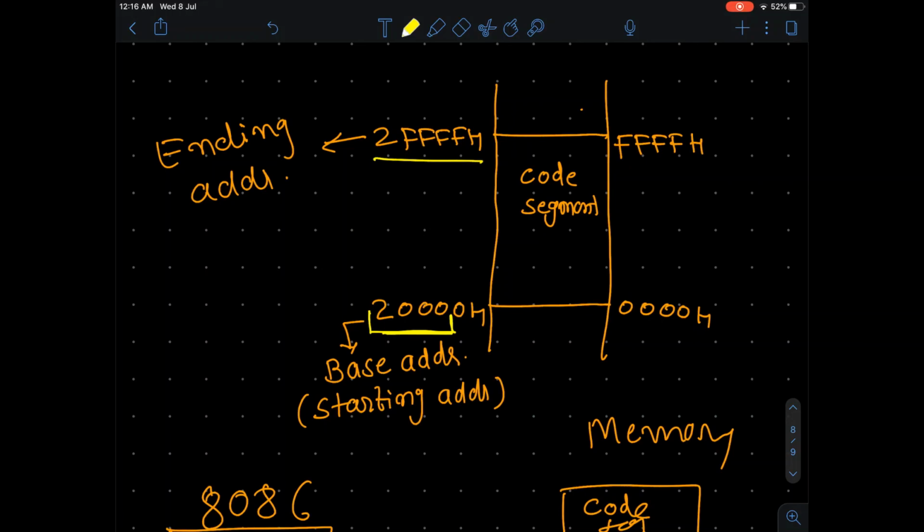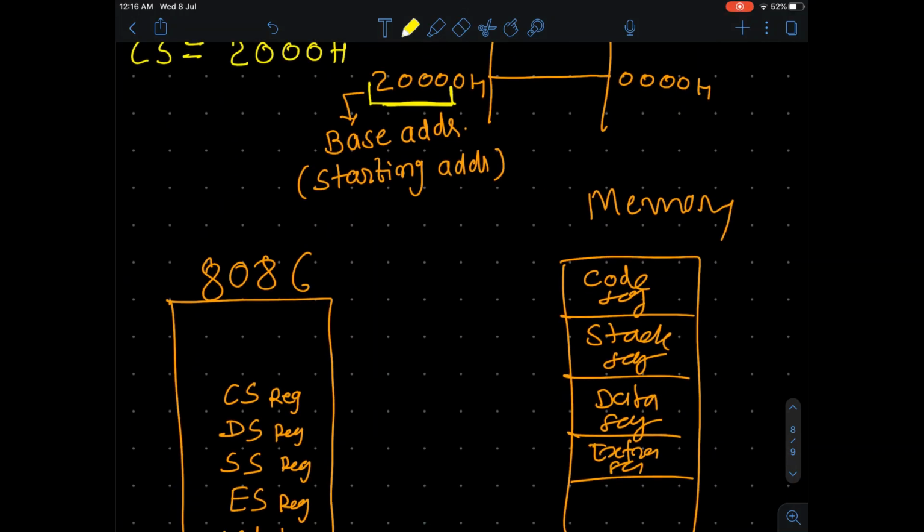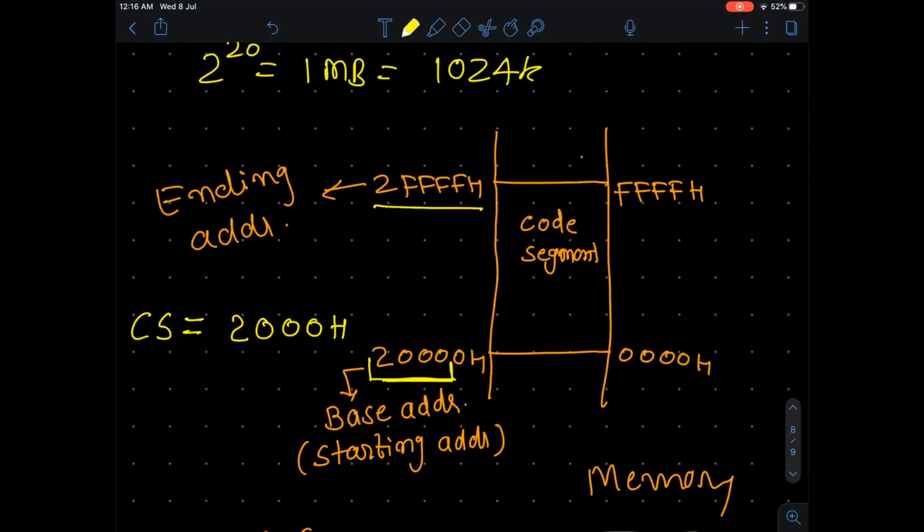Means in our case, the CS register holds the address 2000, which is the upper 16 bits of the starting address of the code segment, which is here.